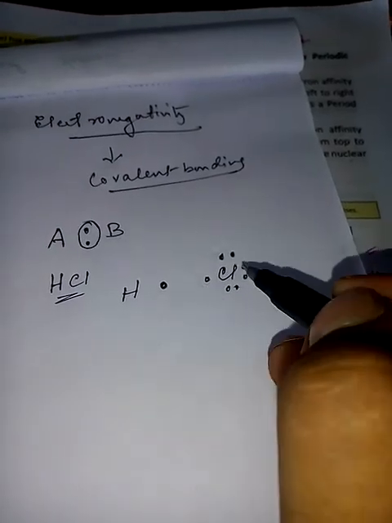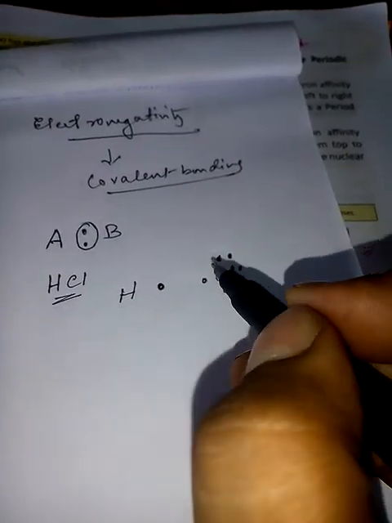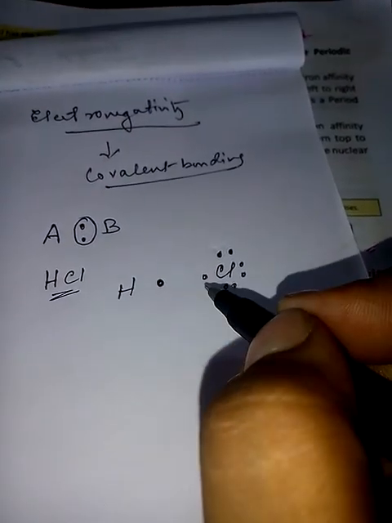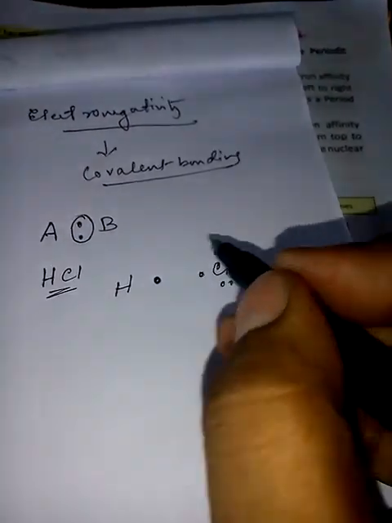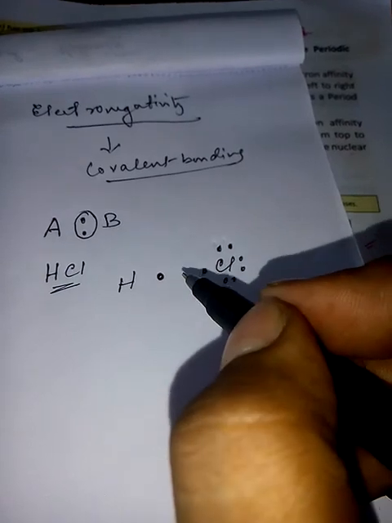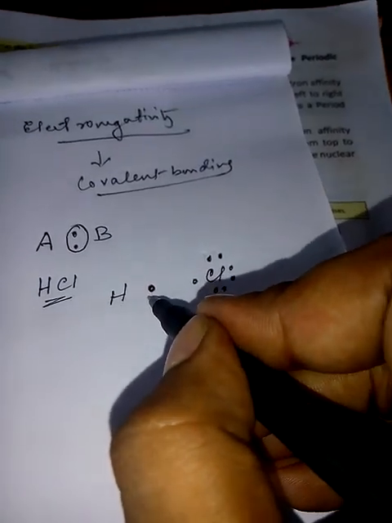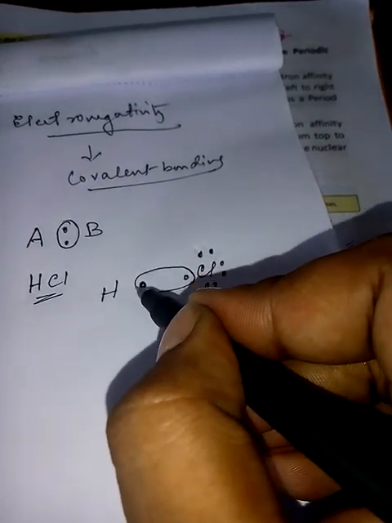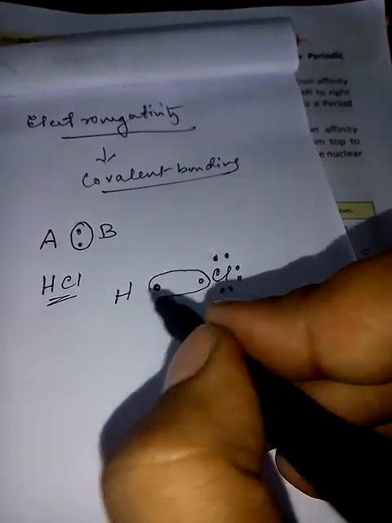Now in this case, sharing of electrons takes place. Why? Because hydrogen has to complete its duplet and chlorine has to complete its octet. So mutual sharing of electrons will take place, and they go for covalent bonding.